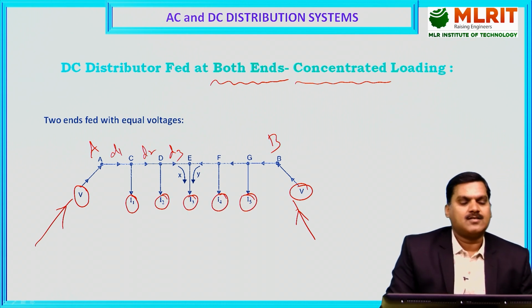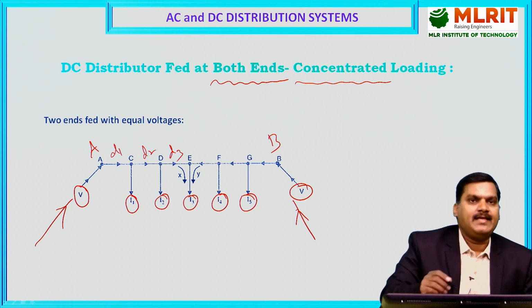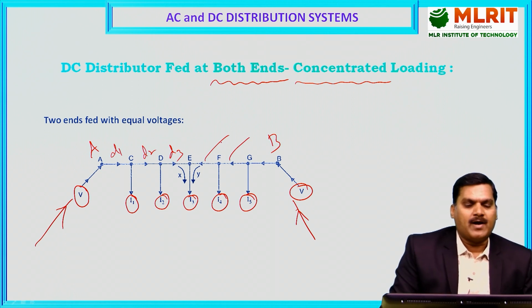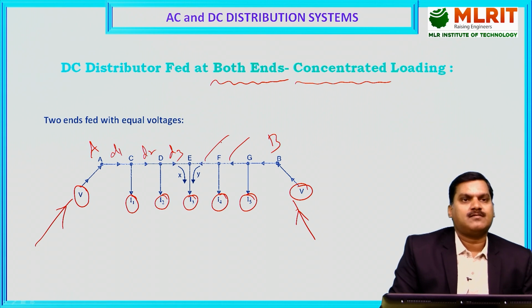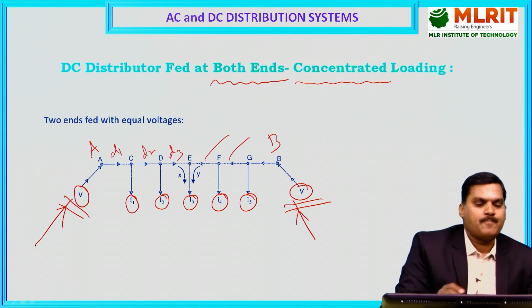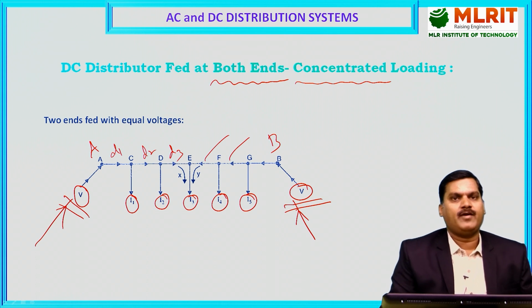All the section distances are different, but the feeding points are at both ends. In real life, some cases come like that. Feeding points can be taken at both ends, or at one end.